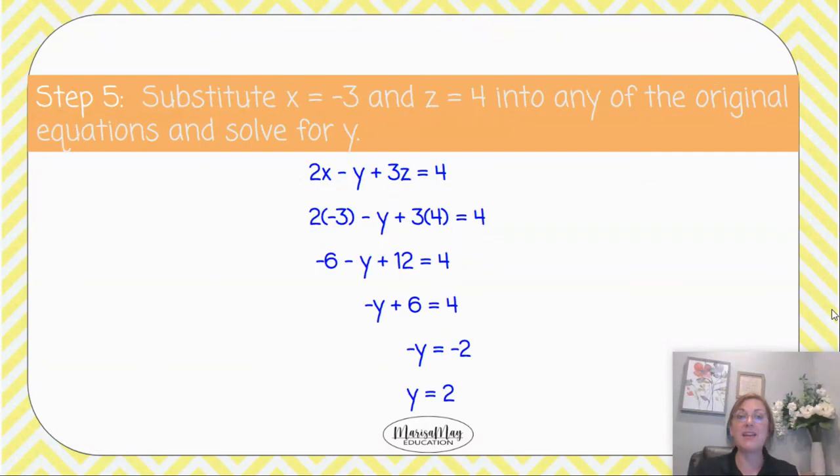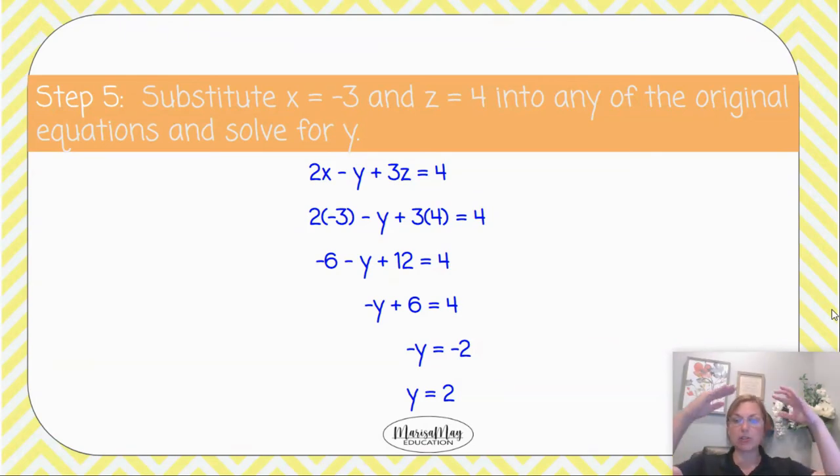My last step then is to go back to one of the original equations. Again, it doesn't matter which one you pick, but you want to substitute in -3 for x and 4 for z, and you're solving for y. Remember, that was the variable you eliminated at the very beginning. But you're going back to the original.